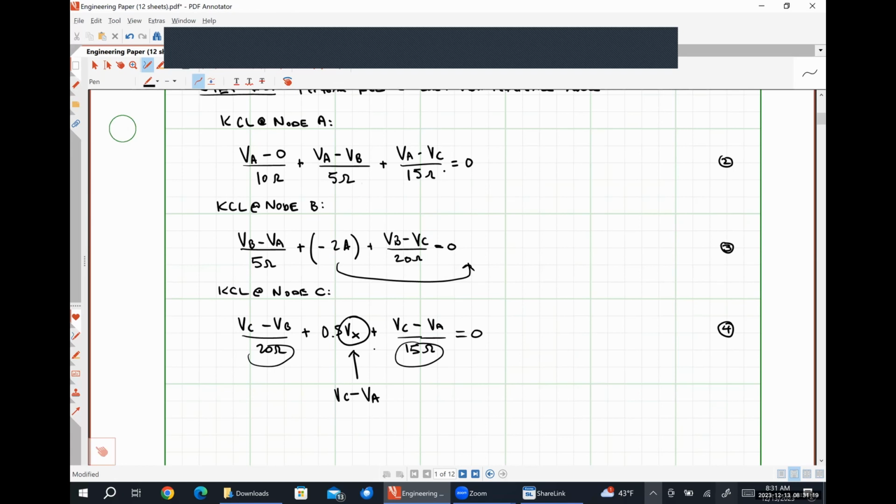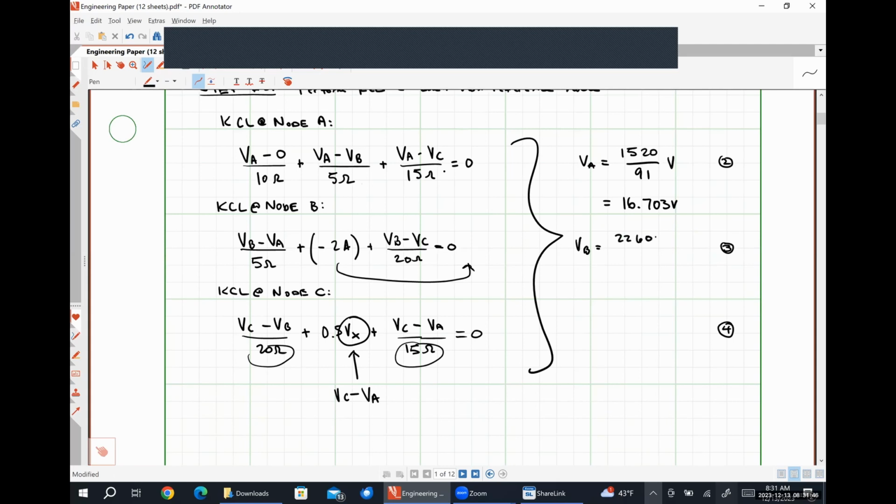And then I solve this system of equations. And what I just got was VA is equal to 1,520 over 91 volts, or 16.703 and some change volts. VB is 2,260 over 91 volts, or 24.835.